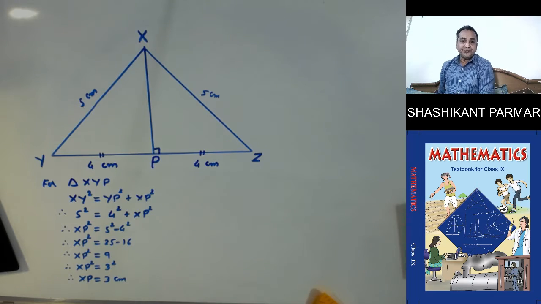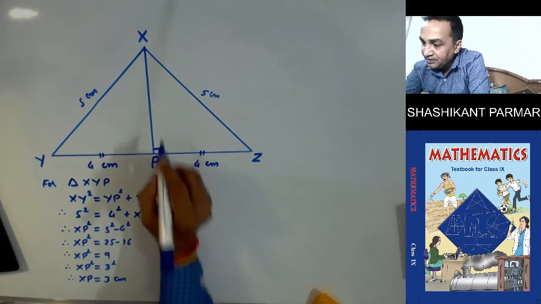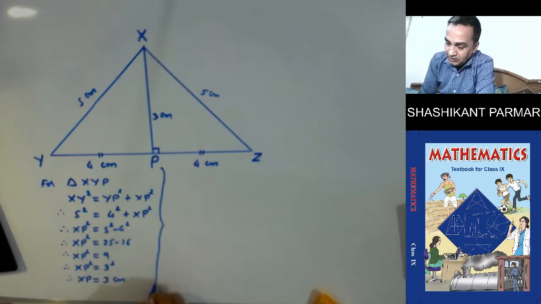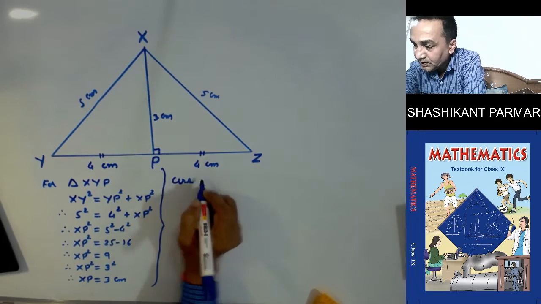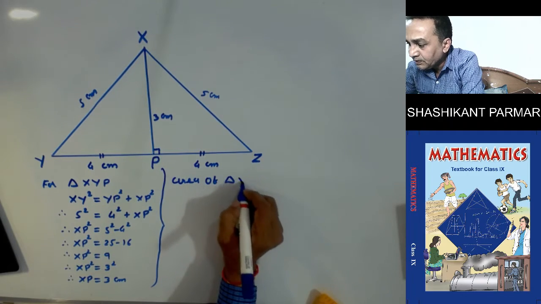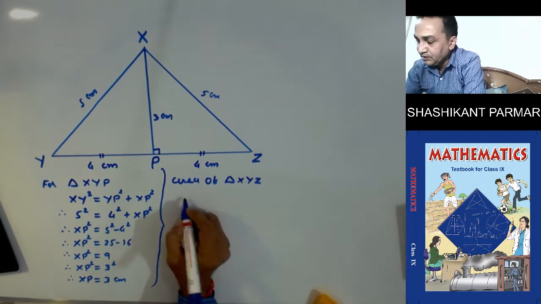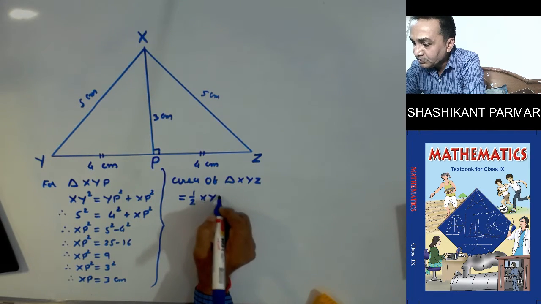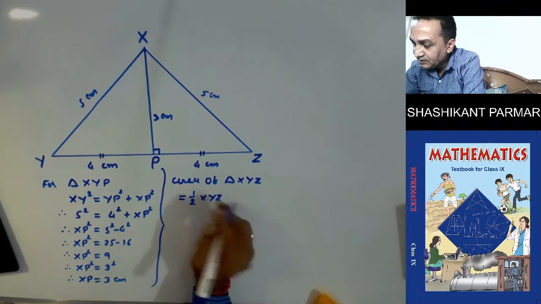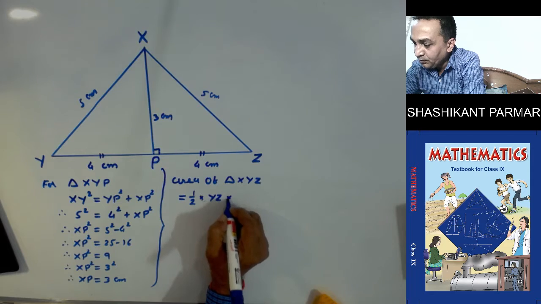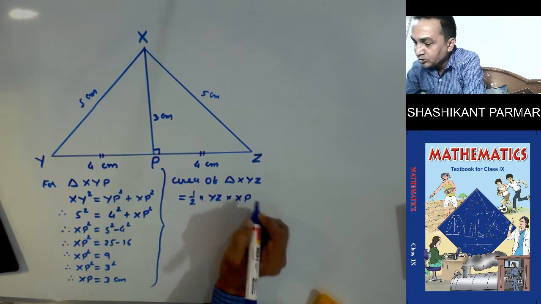So our height is 3 centimeter. Now area of triangle XYZ is equal to 1 half into base YZ into height XP.